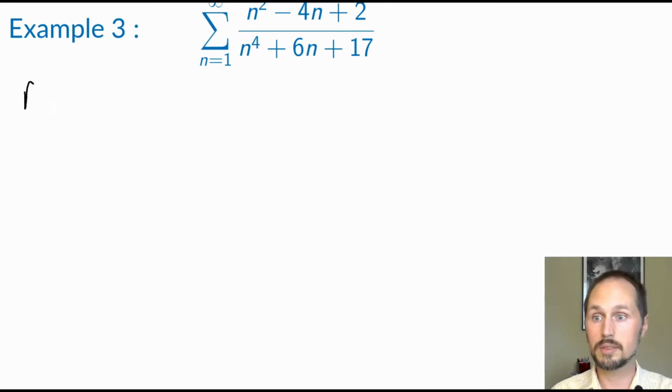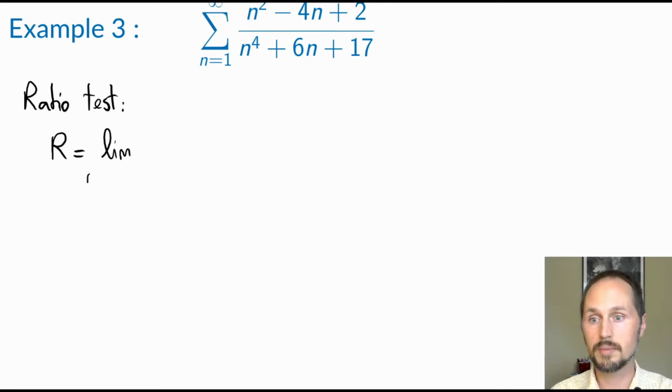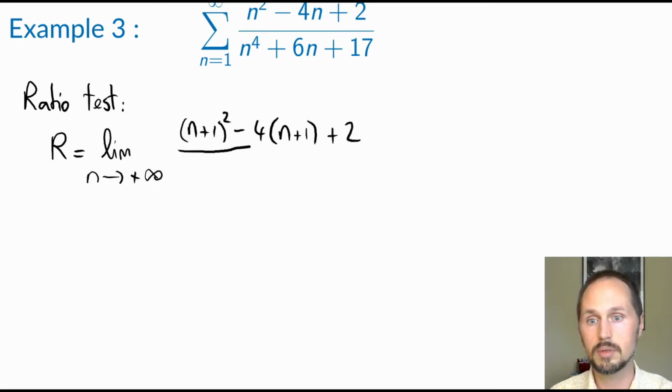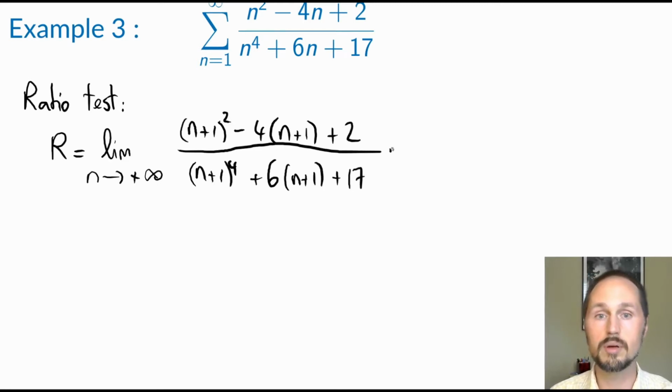Right, so here the ratio test, we're going to calculate this quantity r, which is going to be the limit as n goes to infinity of, we're going to take the n plus first term, so that's going to be n plus 1 squared minus 4 times the quantity n plus 1 plus 2, divided by n plus 1 to the fourth plus 6 times n plus 1 plus 17, and then we're going to do my trick as before, multiply by the reciprocal of the nth term.